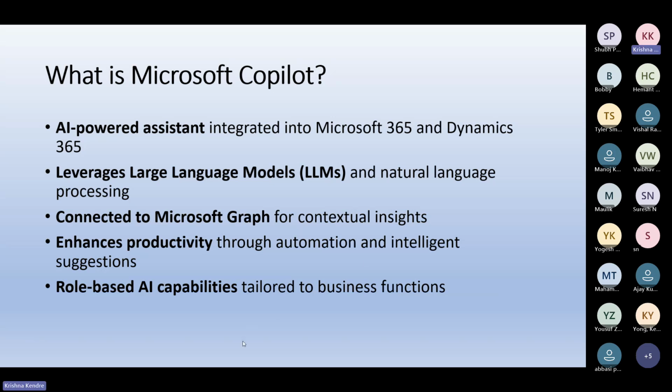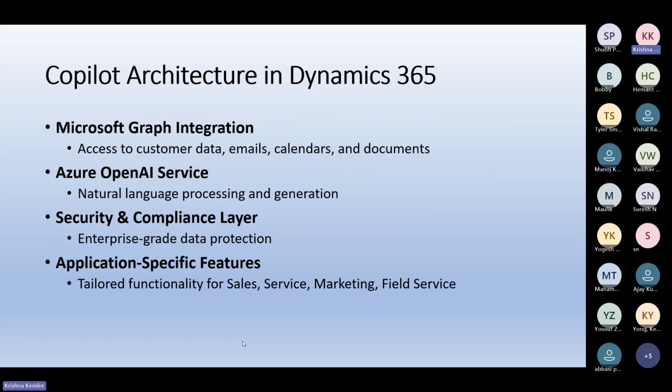Now, understanding the Copilot architecture. To really understand how Copilot works inside Dynamics 365, we need to look at the architecture. Microsoft designed Copilot with 4 key building blocks that ensure intelligence, security, and business relevance.